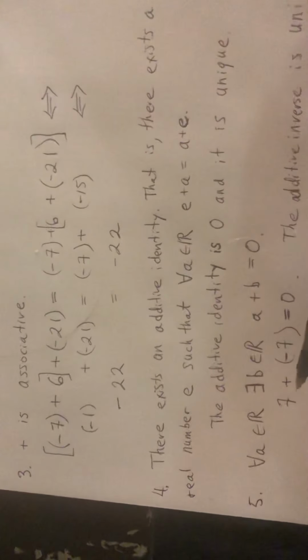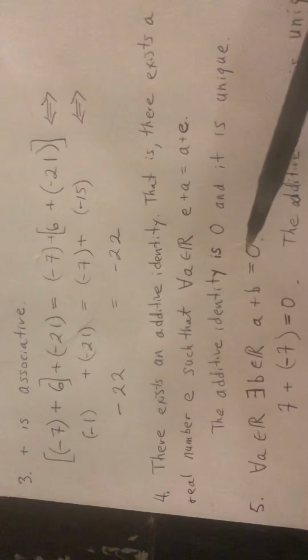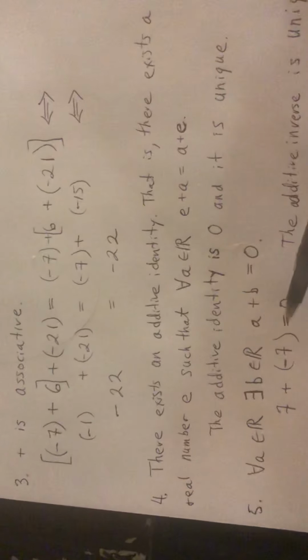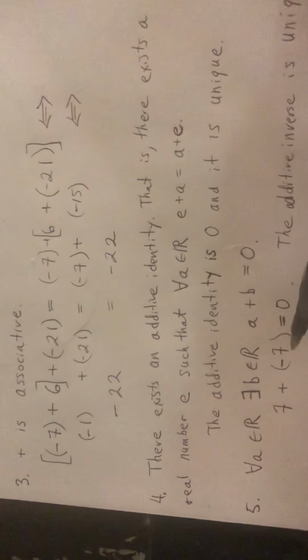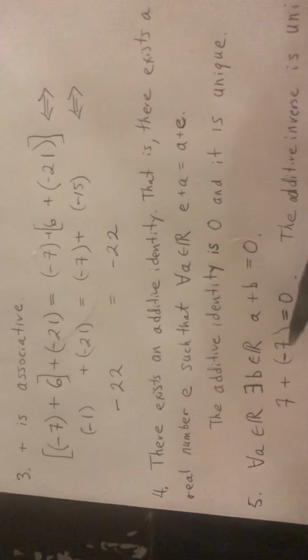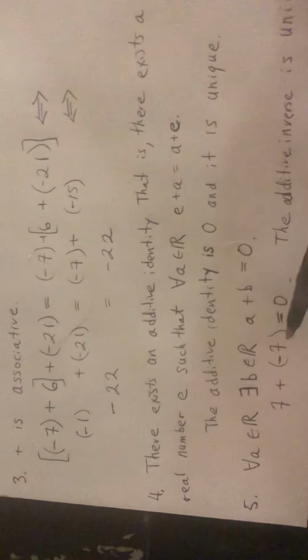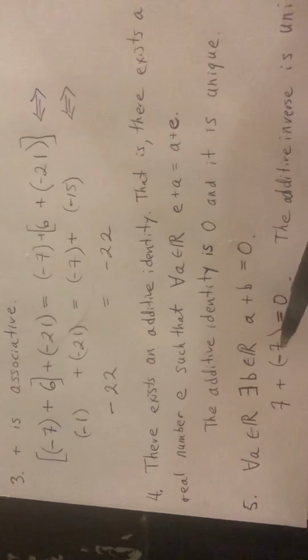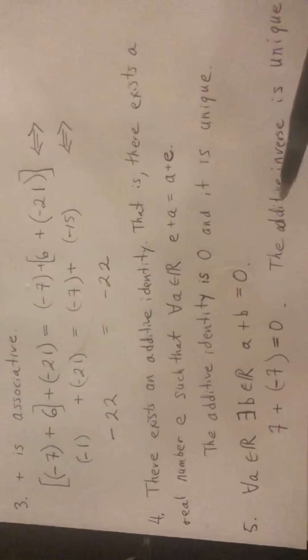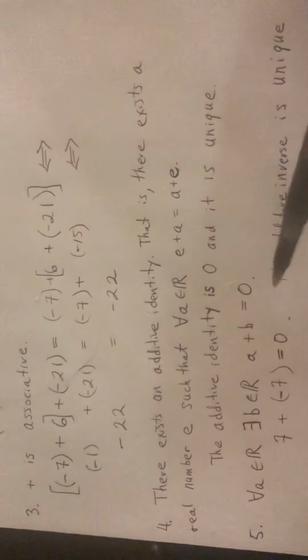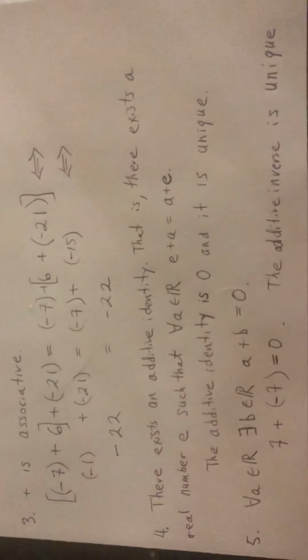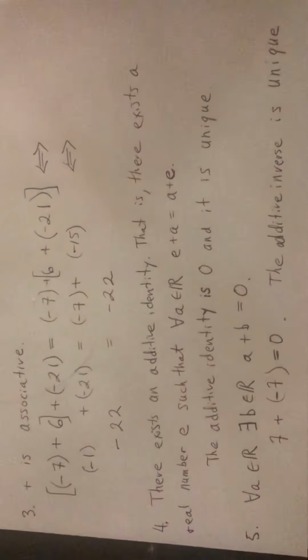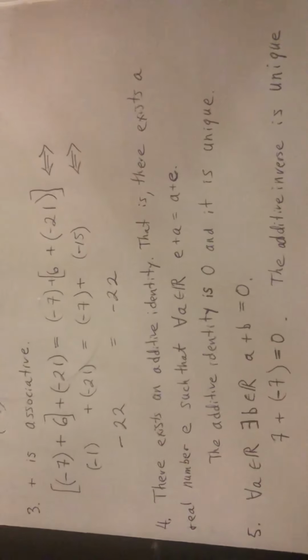So for instance, if we start with 7, we can get to the additive identity by adding its inverse. I think it should be obvious to you that every number has an inverse. It should also be obvious that for any real number, its inverse is unique. Its additive inverse is unique. There's only one.